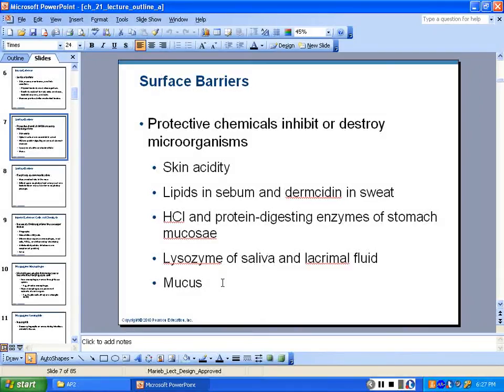And then we have mucus, which would lead me to talk about mucous membranes. Where are your mucous membranes? Okay, your oral cavity, right?